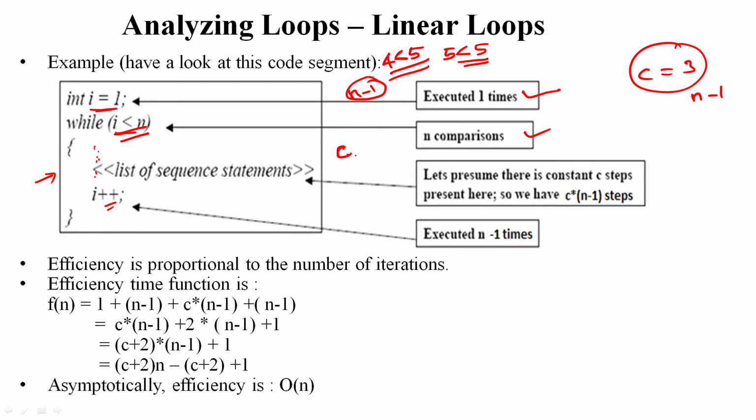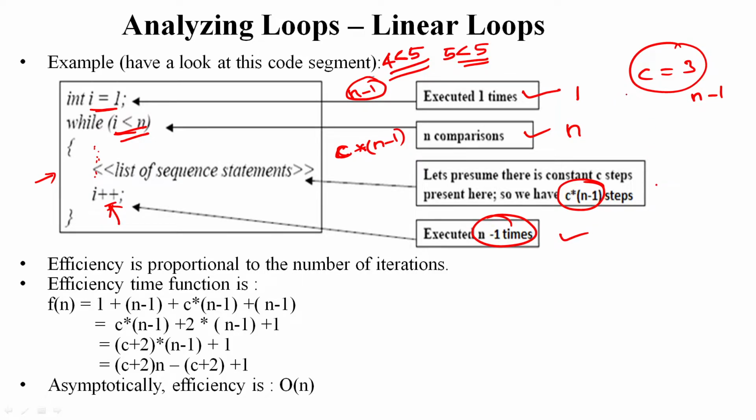The c statements execute for n minus 1 times, and this increment statement also will execute for n minus 1 times. So this is 1 time, then this compares for n times, and the c statements run for n minus 1 times, as does the increment.